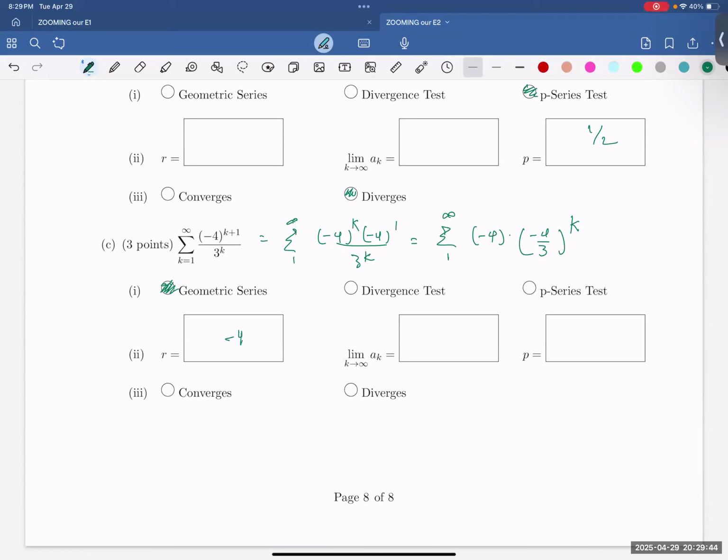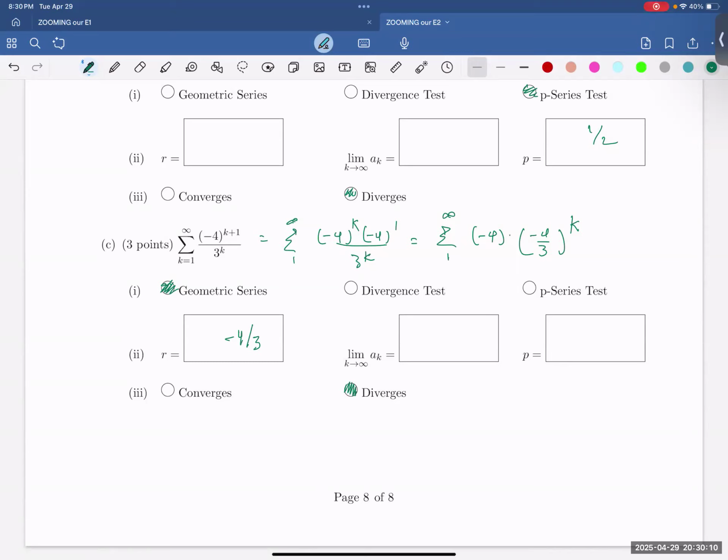The r is -4/3, but the size of r is 4/3, and that's bigger than 1. So we're going to diverge. The negativeness doesn't matter when it comes to the size being less than 1 to imply convergence. It's the size that matters.